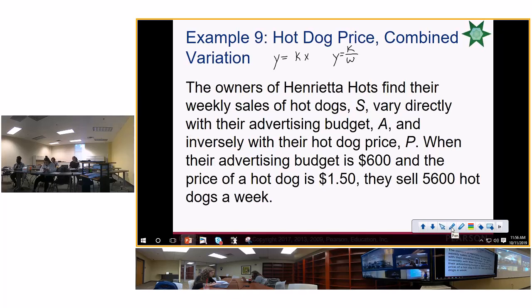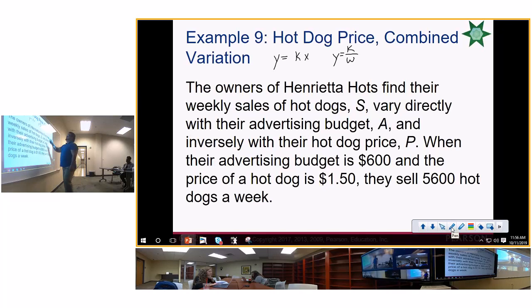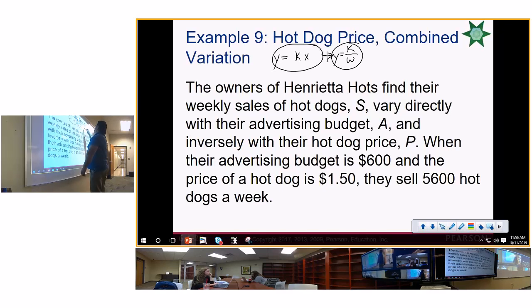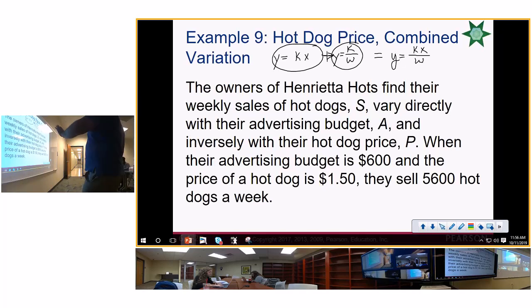All right. So what are we going to do? Put these two together, and I'm going to put a plus there, you get y is equal to kx over what? Wait, make sure it doesn't say square, does it? I don't see square anywhere. Now let's change the variables.